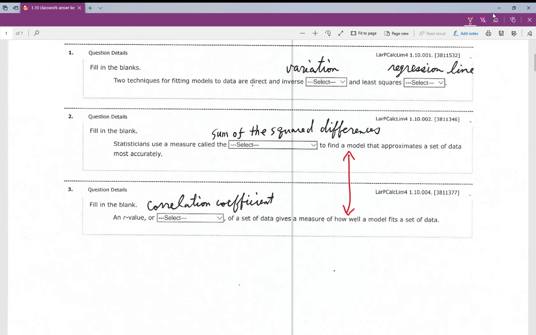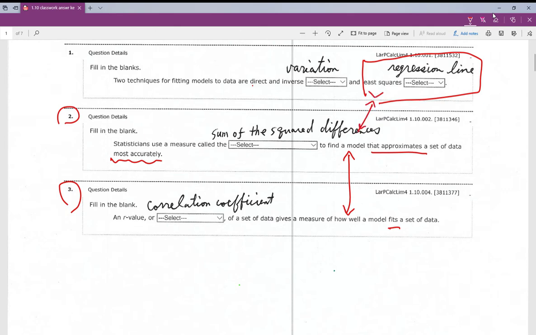You use either this method or this method to decide if this model is a good fit or not, a good approximation or not. And number 1, the squared regression line, is similar to this idea. And the same thing, we don't work on this part for today.